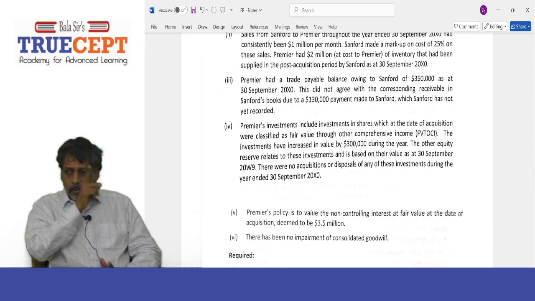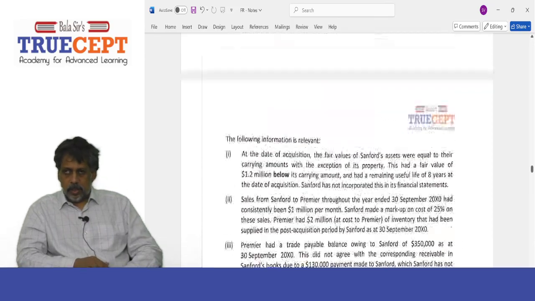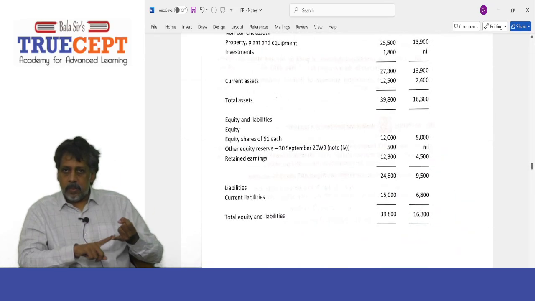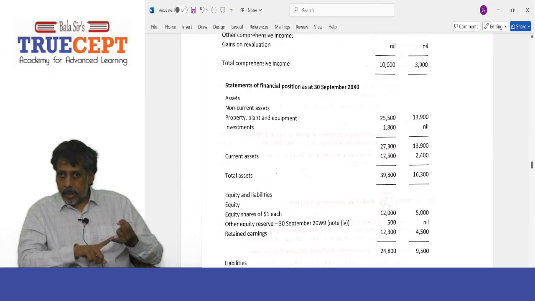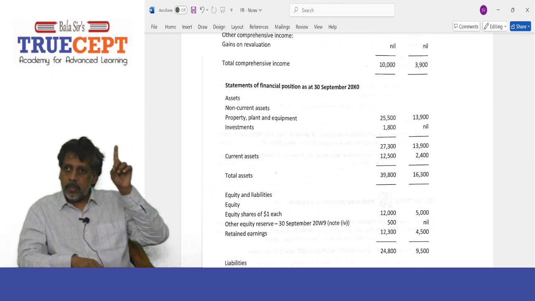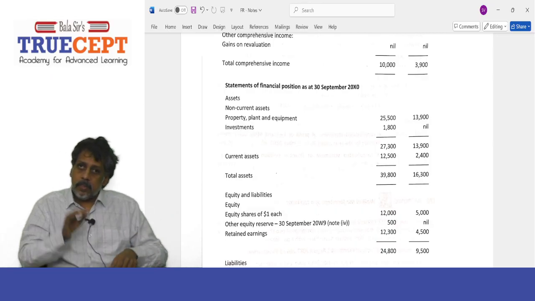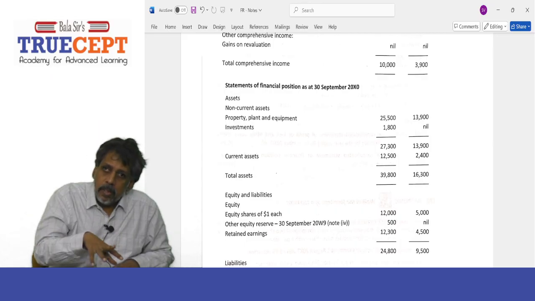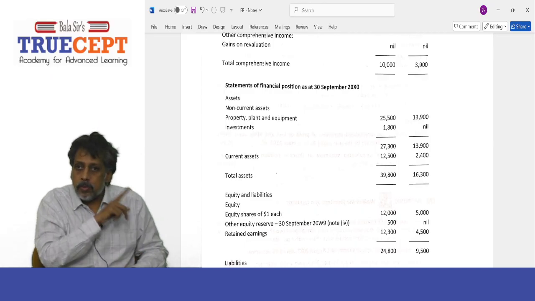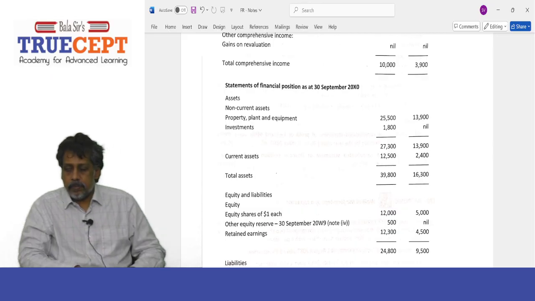Now, let's go to the balance sheet. You find the investments in my balance sheet worth 1,800. This includes the $800,000 I paid you for buying the 80% stake in your company, because I recorded the cash component. That means the balance 1,000 represents investments in some equity instruments that are classified as fair value through other comprehensive income.